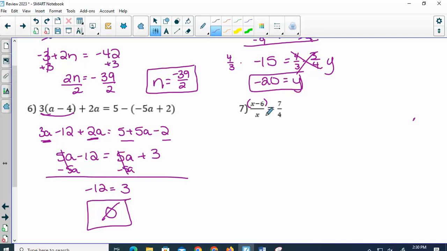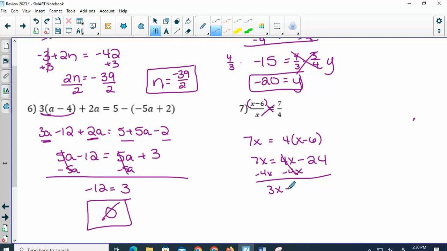If we did that, x times 7 is 7x equals, this one you have 4 times the x minus 6, so you have to distribute that 4. Good. Subtract our 4x. Divide by 3. And we get... Is everybody okay with solving equations?